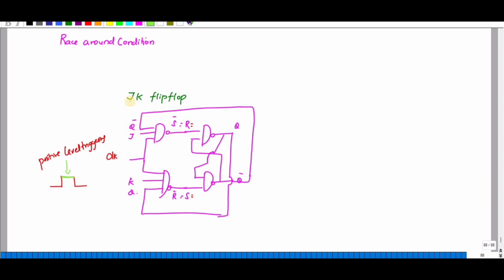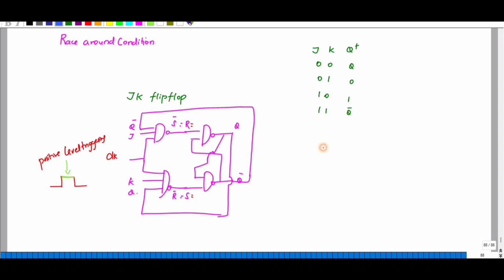Okay, so we know the characteristic table for the JK flip-flop, with Q, 0, 1 and Q bar. Suppose the clock is like this.